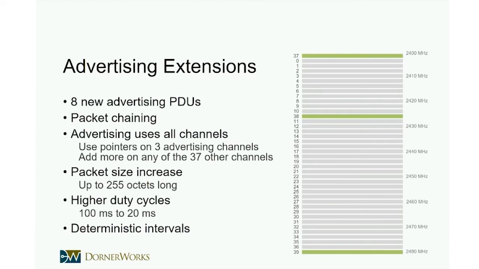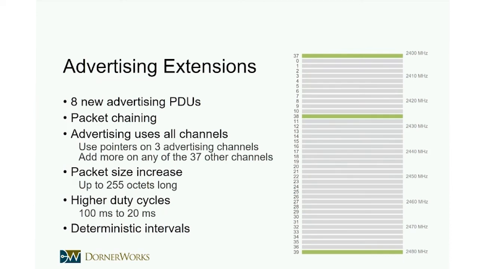They also changed the way that you advertise in general. In the previous spec, you advertise all of your data on channels 37, 38, and 39. What they do now is advertise what I'll call a pointer on 37, 38, 39, saying, hey, look at one of these other channels for my advertising data. And that allowed them to increase the packet size for the advertising data because you weren't going to flood the advertising channels.